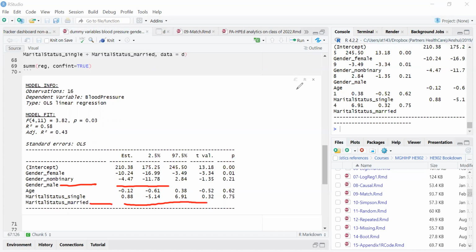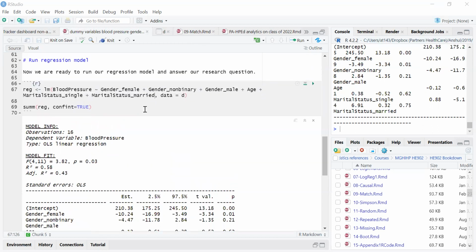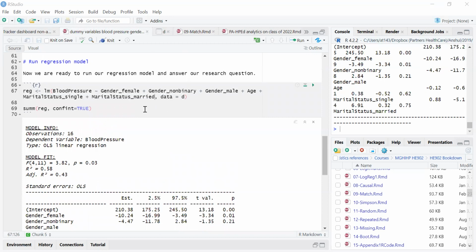So the way a regression model works is that you have to leave one of the categories out. And the computer will just throw one away for you, basically, if you accidentally do include more than you should. The computer will figure it out. In the past, in older versions of statistical analysis software, maybe it would cause an error instead of giving you a result.